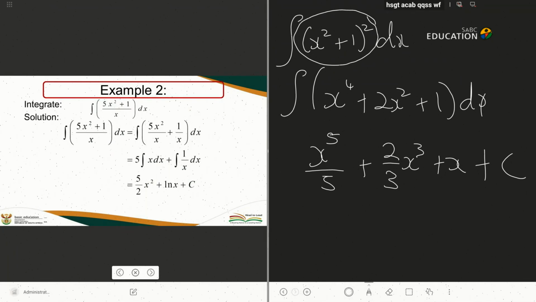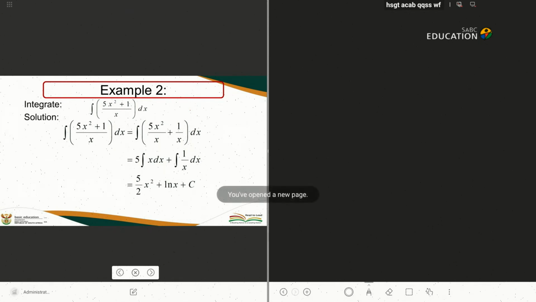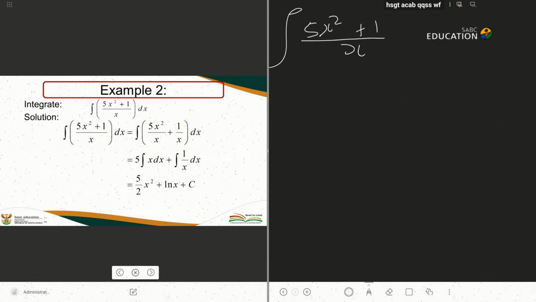Then the next one is if ever your integrand is a sort of a fraction. Already I've also given this type of example where you are given (5x squared plus 1) over x. Always please put everything within brackets.